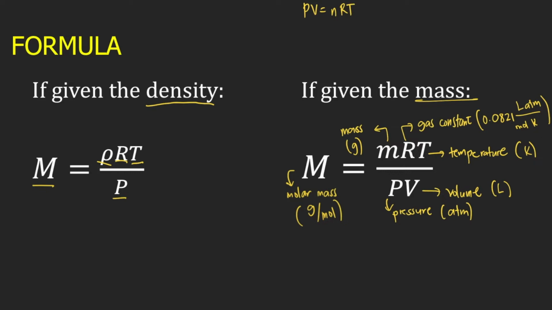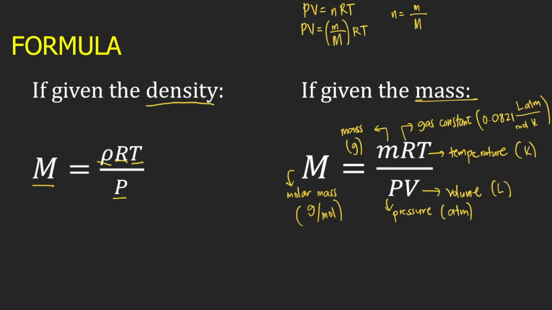We know that n stands for the moles of the ideal gas, and moles, or n, is equal to mass divided by molar mass, so lowercase m divided by capital M. Then we plug this into our equation. So PV equals n, and n is equal to mass divided by molar mass, times RT.